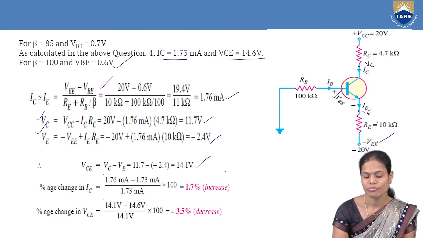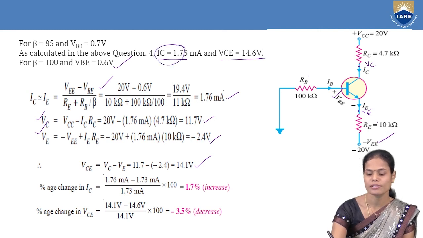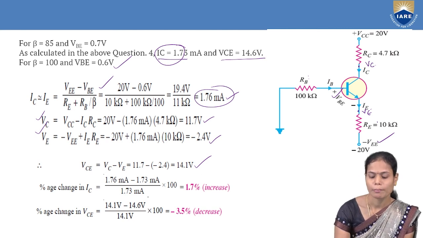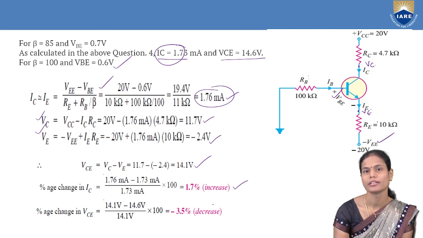Next we need to find the percentage change in the collector current. That is 1.76 minus 1.73, divided by 1.73. That is a 1.7% increment in the collector current. And similarly, we need to find the change in the collector to emitter voltage.